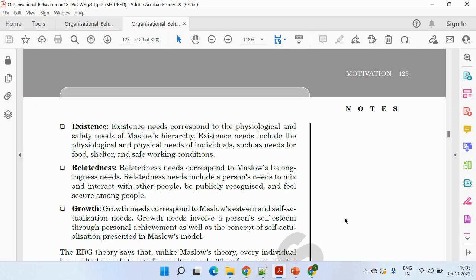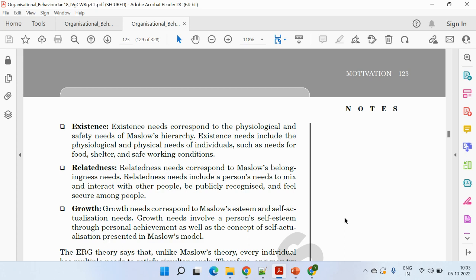Relatedness is a mix of needs, interacting with other people to get more recognition and feel secure among them. Again, in this case, she was already recognized and interacting a lot with people like the upper level executives, but she was not interacting with the lower class people, or you can say the ground floor workers or the daily wage workers.